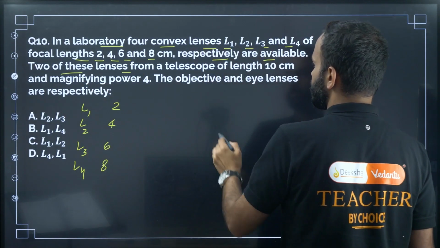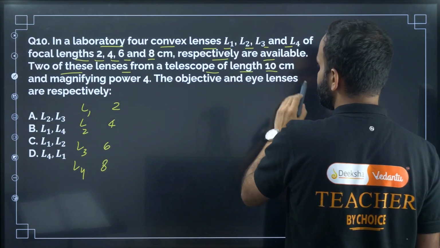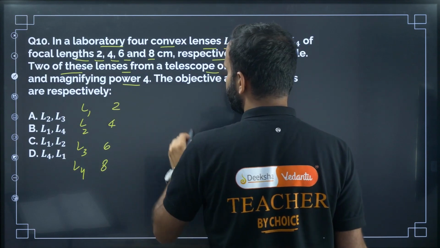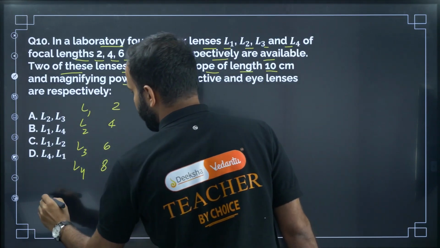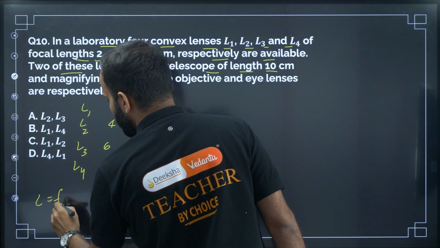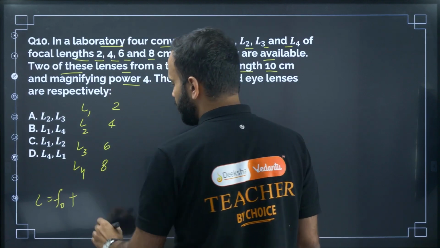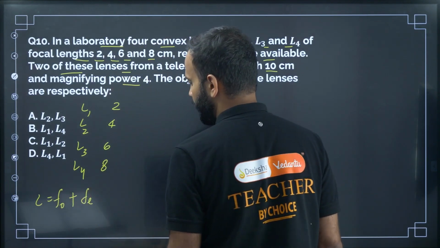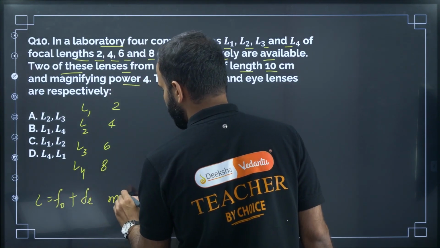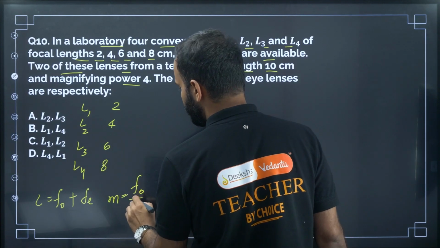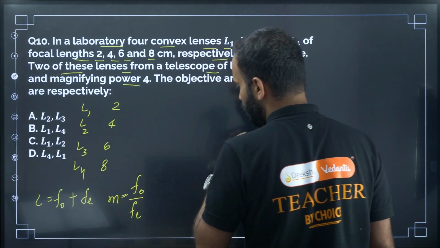Two of these lenses form a telescope of length 10 centimeter and magnifying power 4. The length of the telescope is objective focal length plus eyepiece focal length, and magnifying power of the telescope is objective focal length by eyepiece focal length.